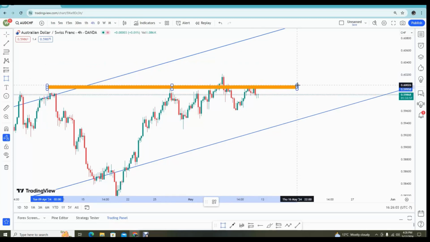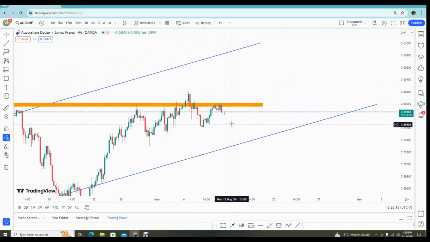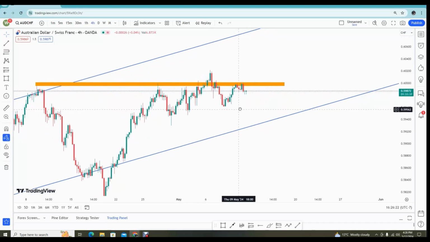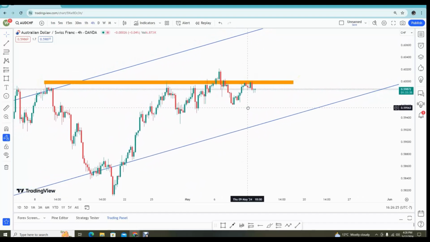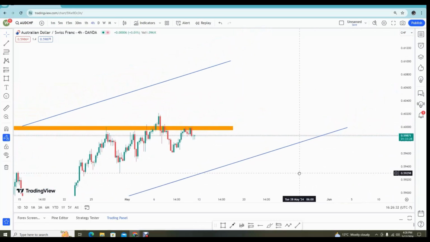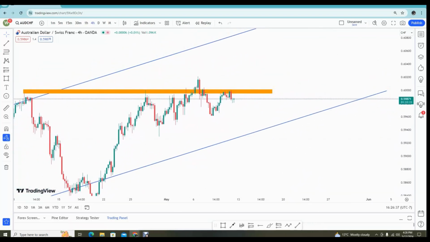Around this point here we had some trend line, but it's already broken right now. Let me show you what I'm talking about. The trend line that we had is this one right here.